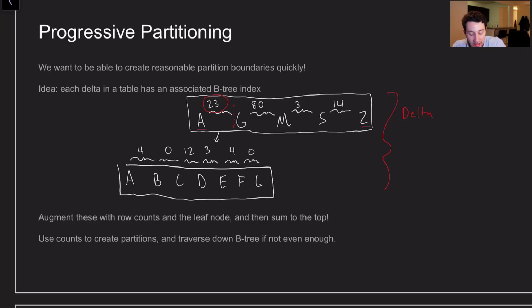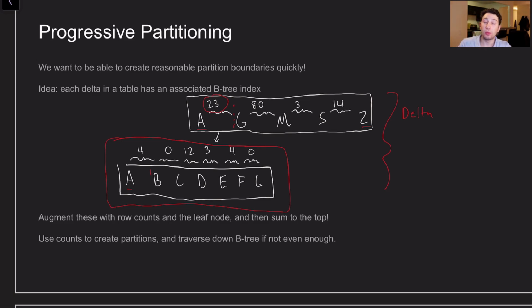And the way we get these is just by aggregating the counts of the rows at the B tree nodes that are below us. So for example, there are 4 keys that start with A and end before B. There are 0 keys starting with B, 12 keys starting with C, and so on.